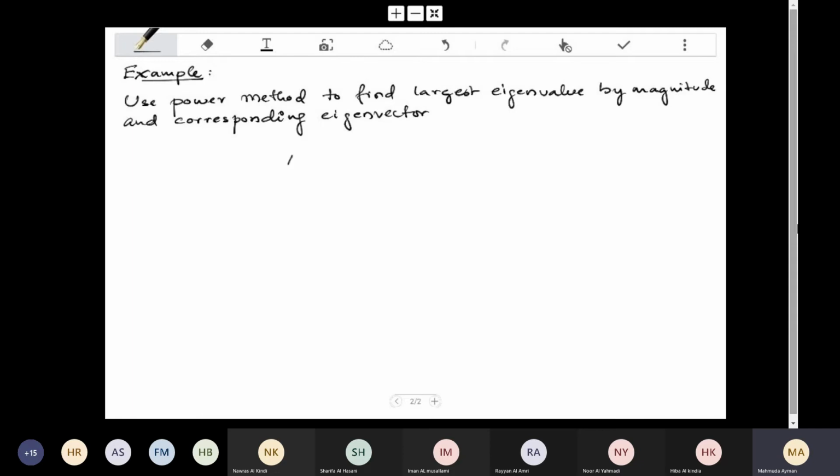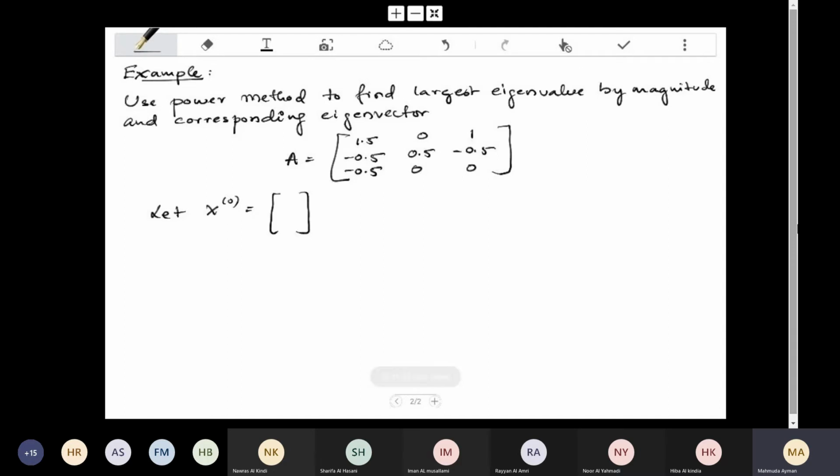So the matrix that's given to us is 1.5, minus 0.5, minus 0.5, 0, 0.5, 0, 1, minus 0.5, 0, and let's say that the initial guess x0 should be a non-zero vector, not all zeros, and one of its elements should be 1.